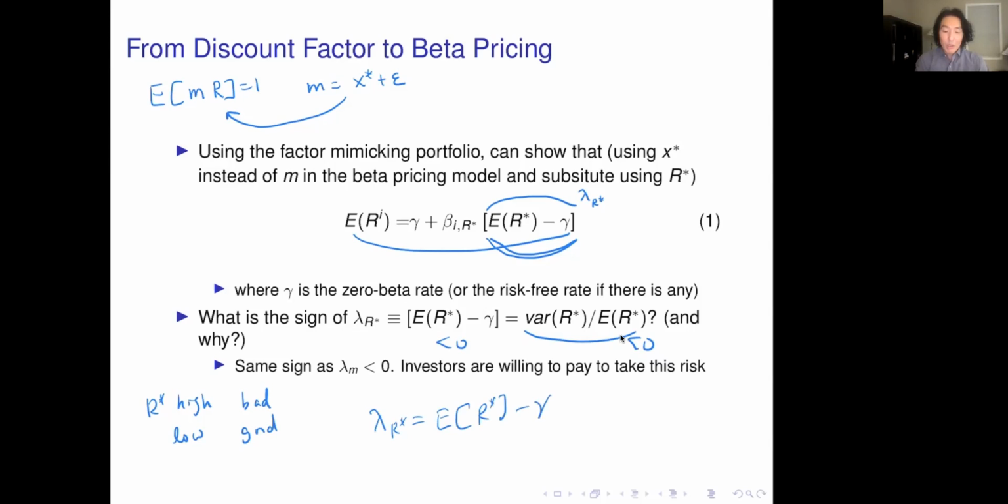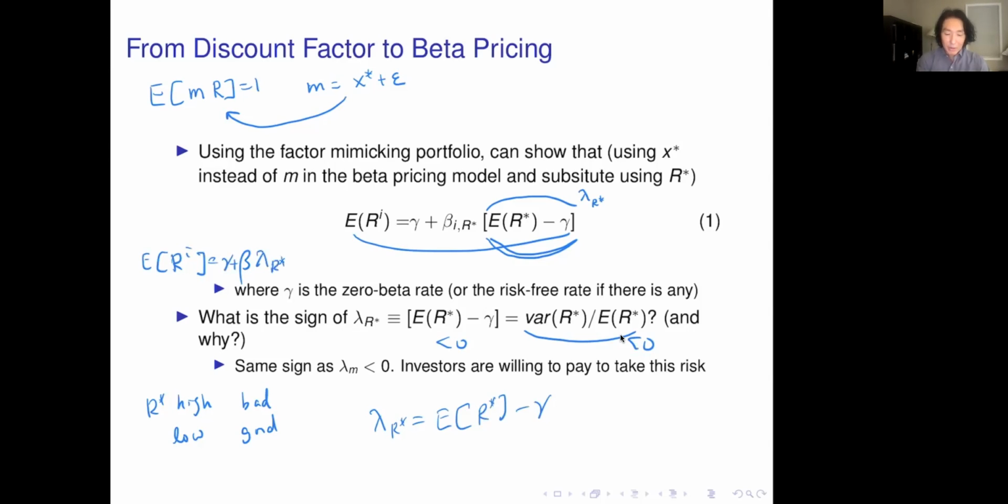Because this pricing equation 1 should hold for all the assets, so it should also hold for R star as well. So more generally, you have gamma plus beta lambda for R star.